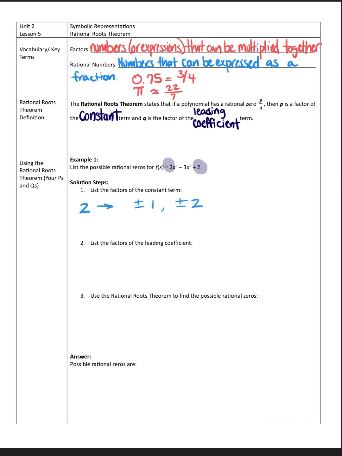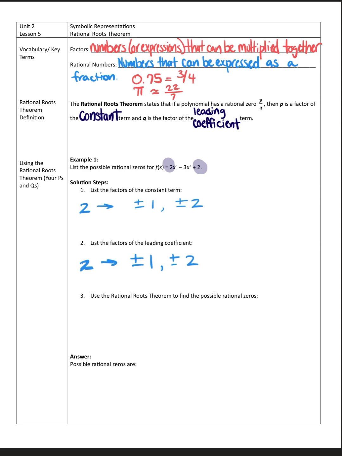All right? If I look at the leading coefficient, that is also 2. And so the factors of my leading coefficient are also going to be positive 1, negative 1, positive 2, and negative 2. So now that I have my factors for the constant term and my factors for the leading coefficient, I can go ahead and use the rational roots theorem to find possible rational zeros.